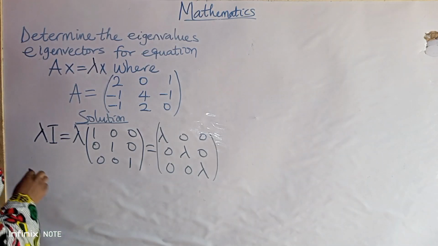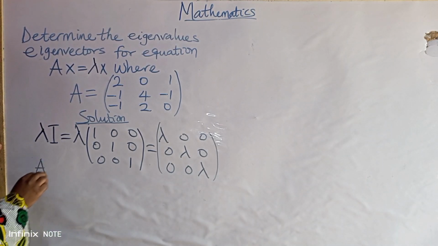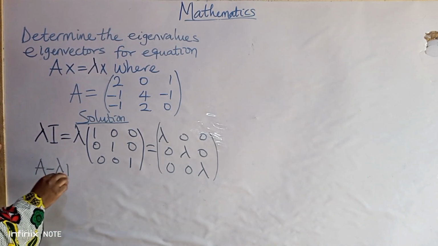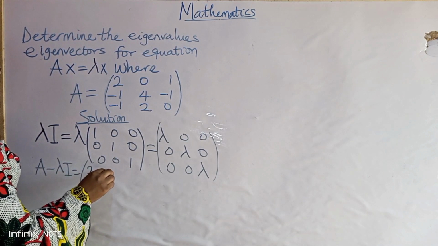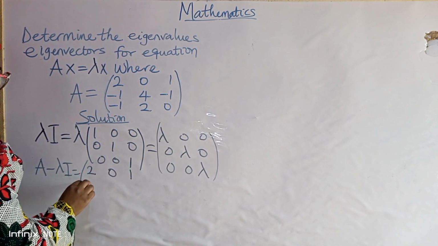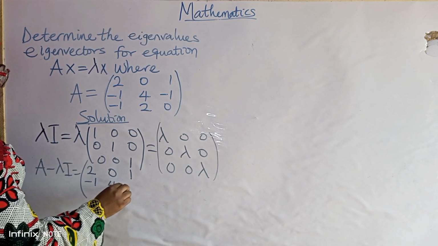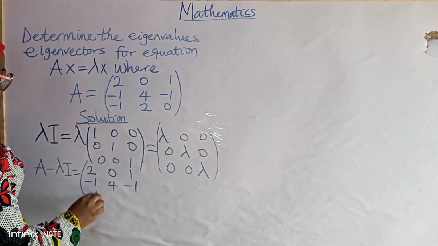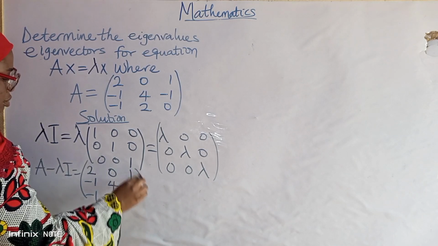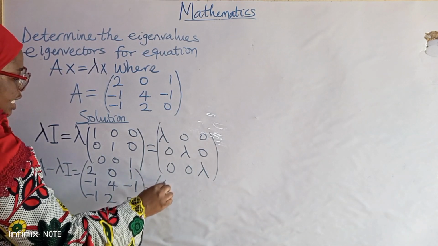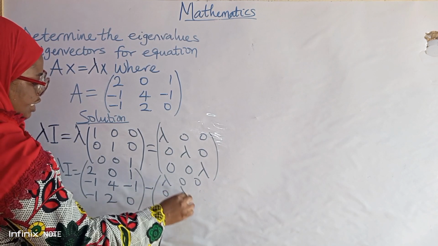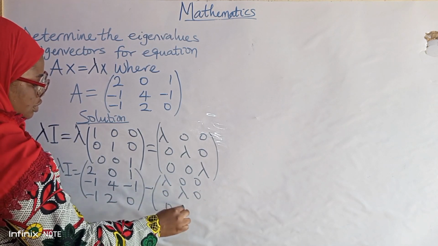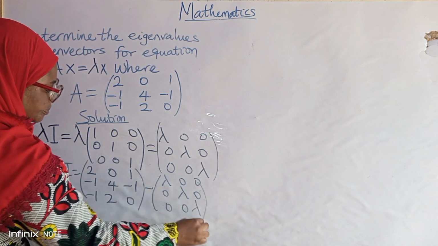The next thing is to take A minus lambda I. So matrix A is 2, 0, 1, minus 1, 4, minus 1, minus 1, 2, 0, then minus lambda, 0, 0, 0, lambda, 0, 0, 0, lambda.